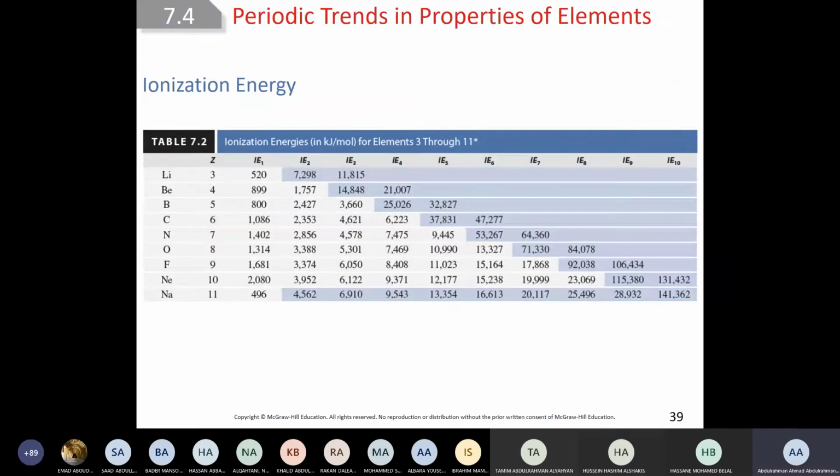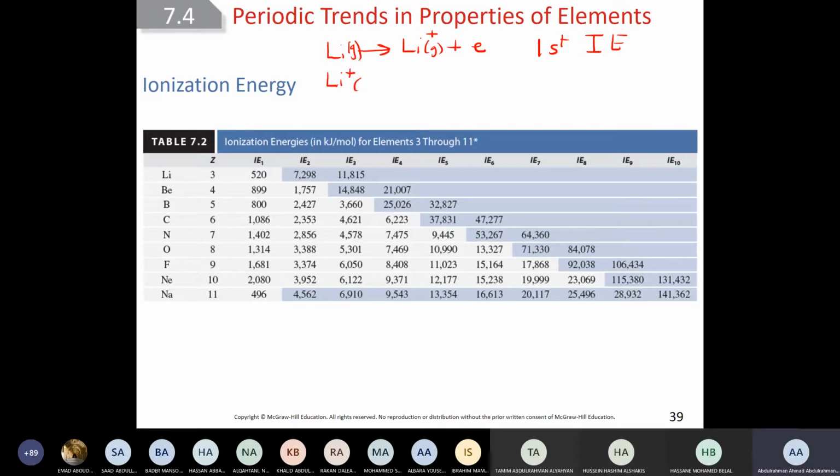We are still in ionization energy. If you have lithium going to lithium plus an electron, what do you call this? First ionization energy. Everything must be gas.